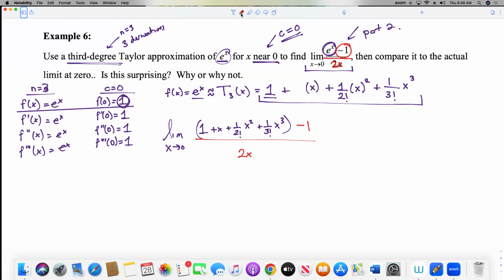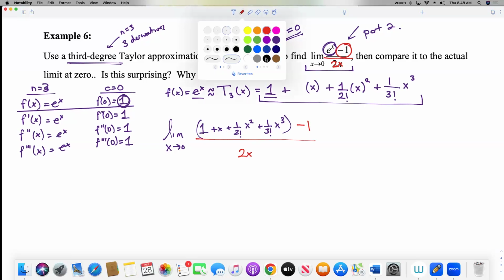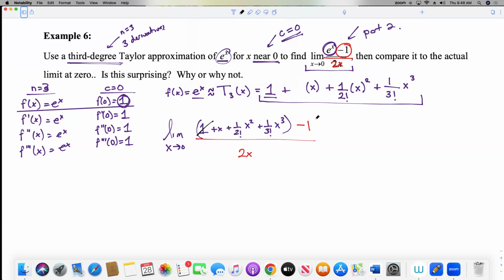So what do you notice happens to the ones? The ones cancel out. So now we are left with x plus 1 over 2 x squared plus 1 over 6 x cubed, all of that over 2x. Now remember, to plug in 0, I can't have this x in the denominator if you remember limits.